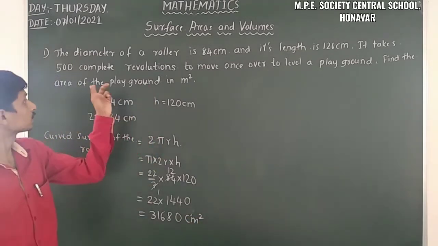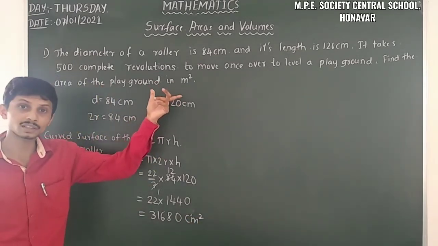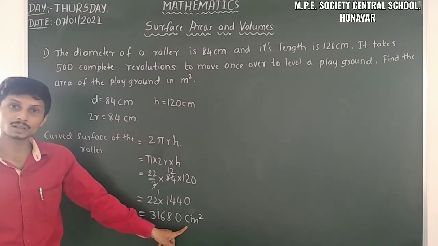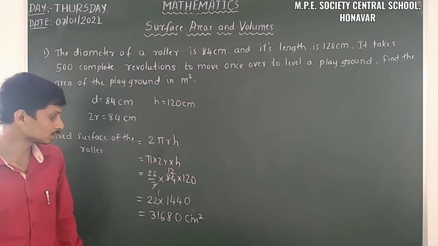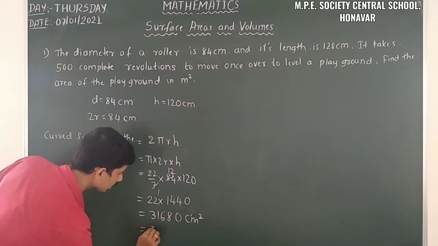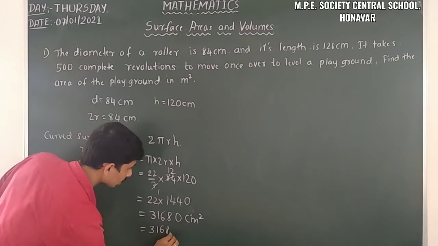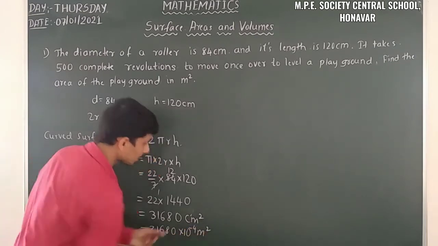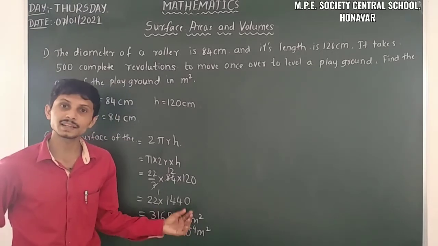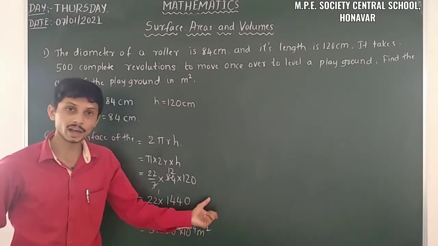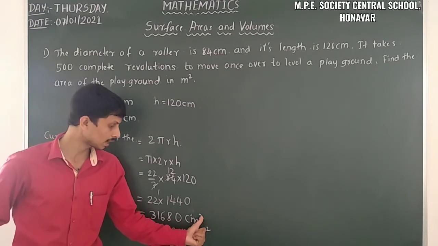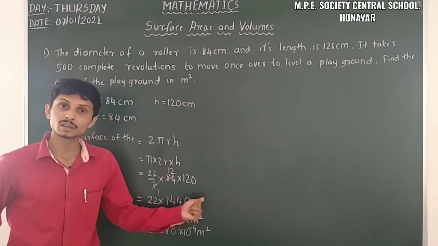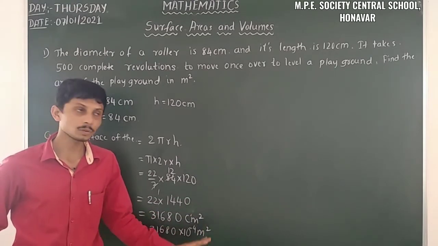But here, just observe, we have to find the area of this playground in meter square. That's why we have to convert this centimeter square into meter square. How can we do that? 31,680 into 10 raised to minus 4 meter square, because centi is 10 raised to minus 2, and centimeter square is 10 raised to minus 2 raised to 2, which means 10 raised to minus 4.